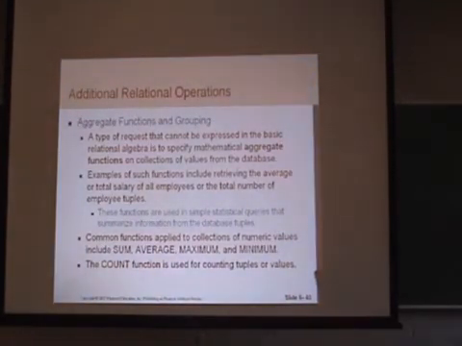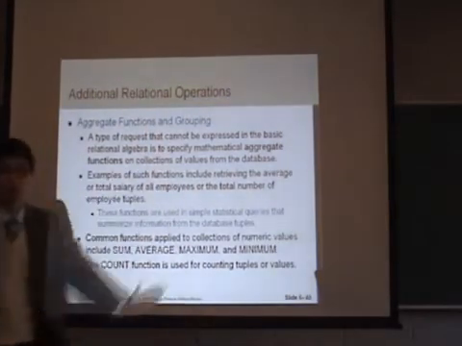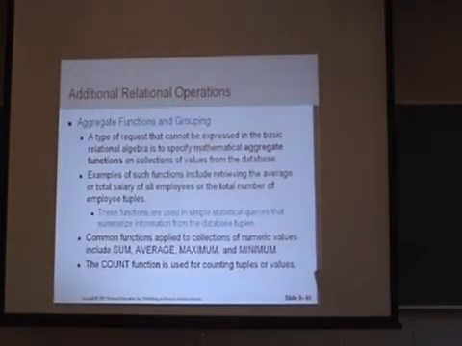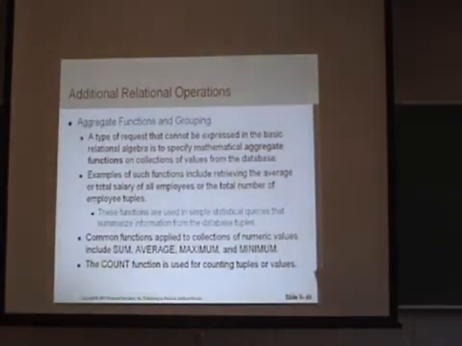But these statistical functions are based on what? Group. So we need to make the group. For each group we can do average, minimum, maximum. That is called an aggregate function with grouping. So the relational model supports such aggregate functions.